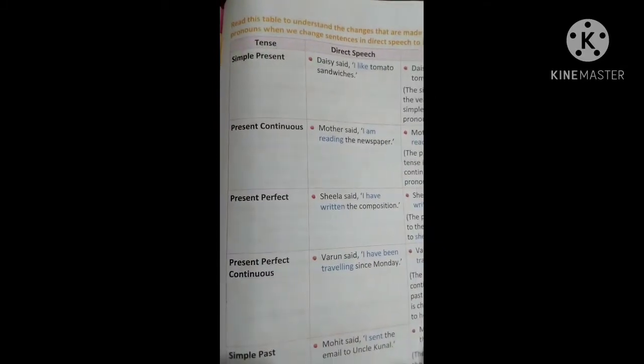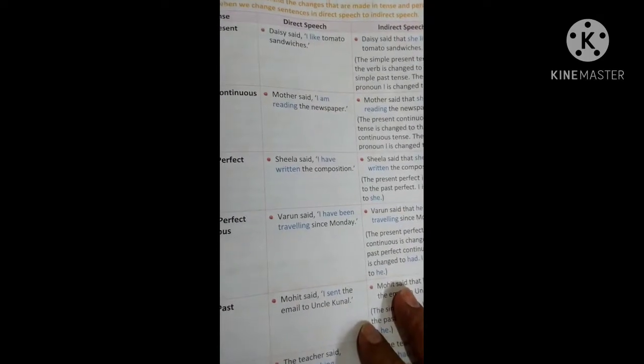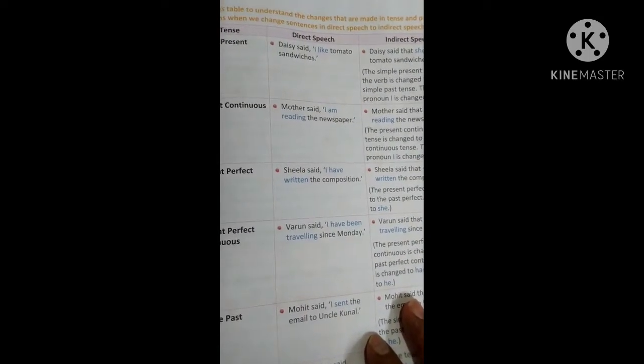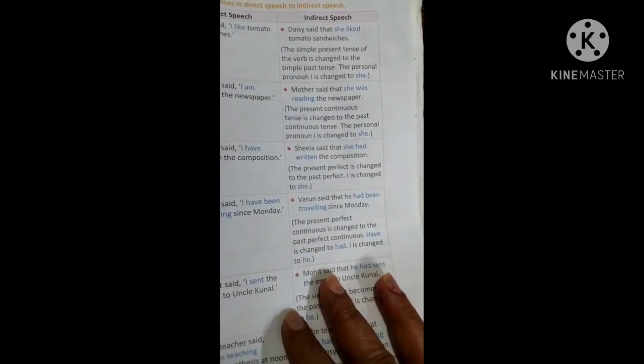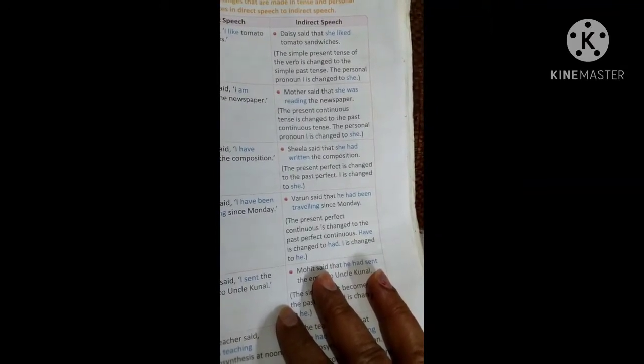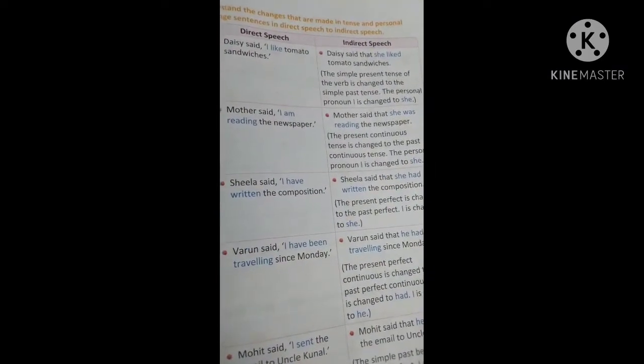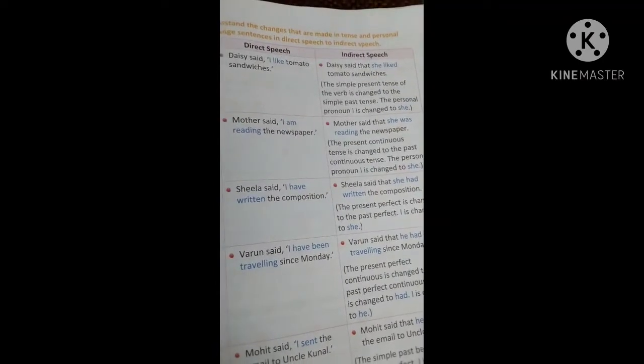When a reported speech is in simple present, as in the example given, Daisy said, I like tomato sandwiches. The dialogue is in simple present. Then the simple present tense of the verb is changed to simple past tense. The personal pronoun I is changed to she. This I is for Daisy.